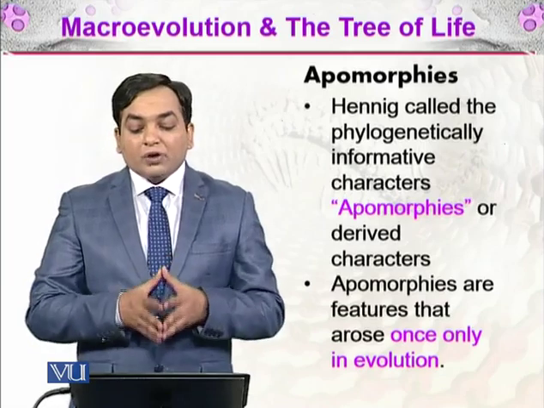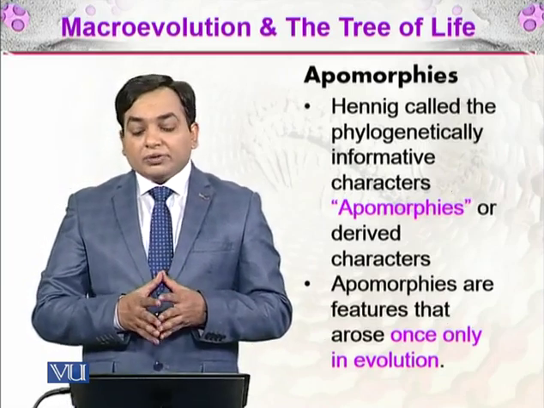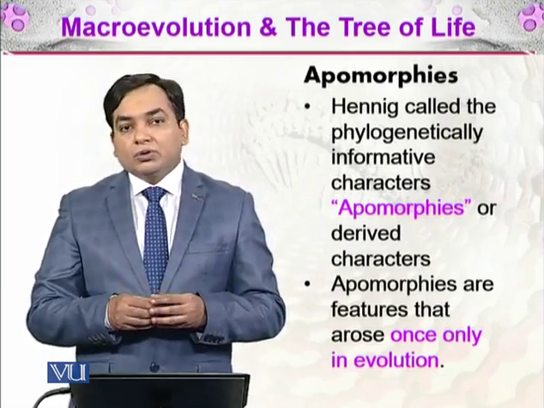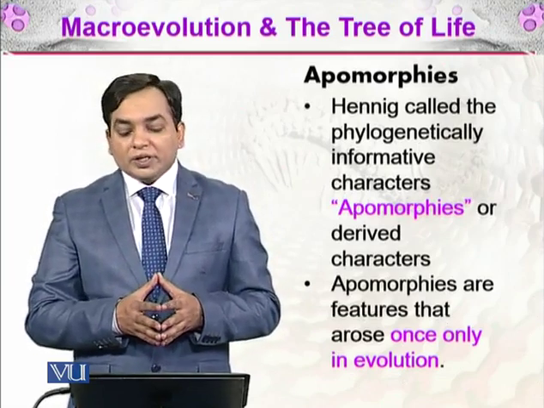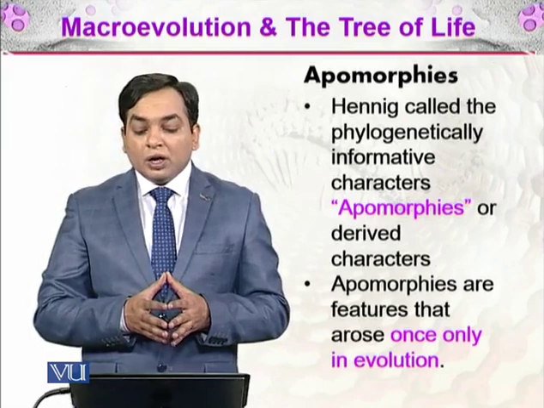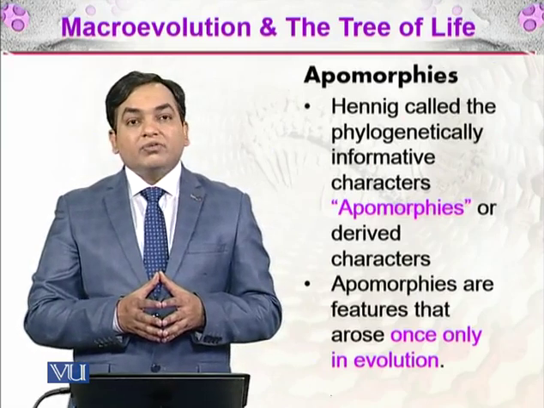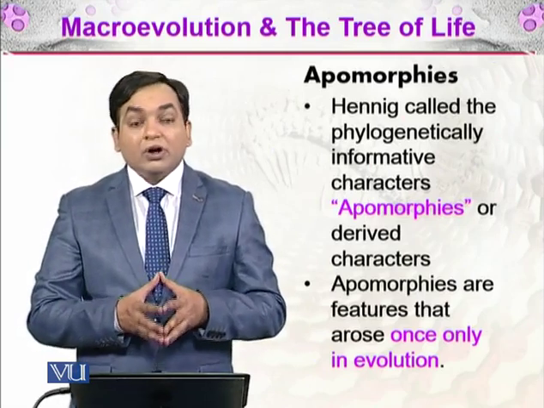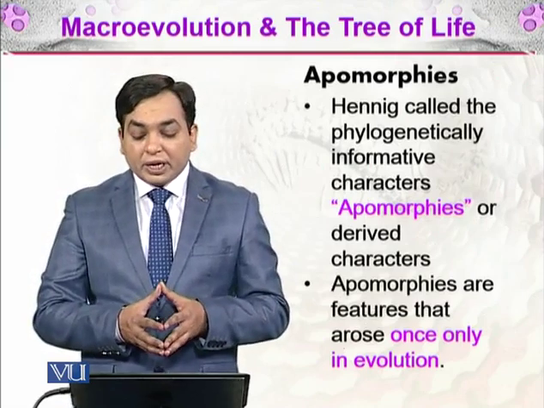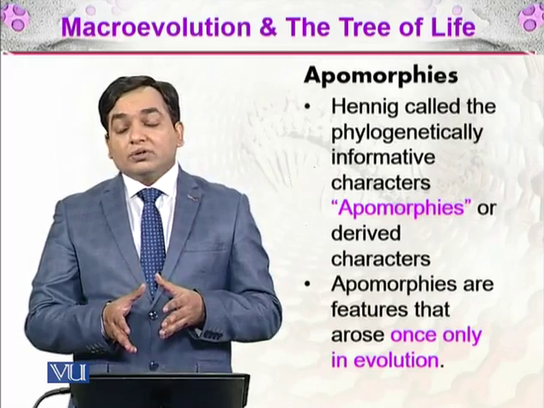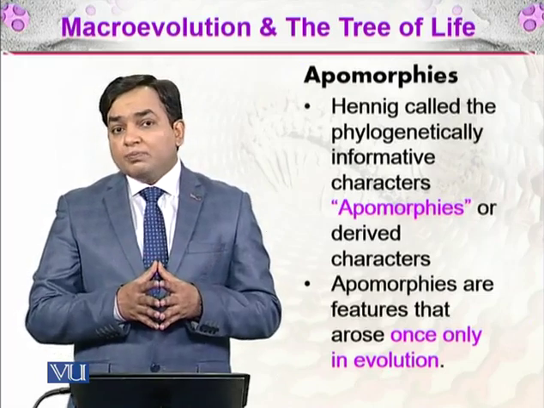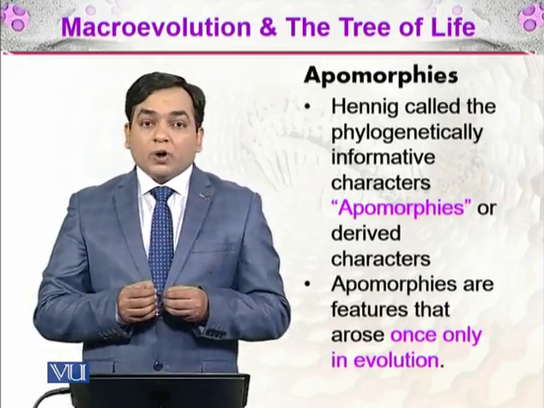So now, apomorphies. Hennig has his own way of giving names to the characteristics. So Hennig called the phylogenetically informative characteristics the apomorphies or derived characteristics. Apomorphies are the features that arose only once in evolution. So what would be an example of apomorphies?